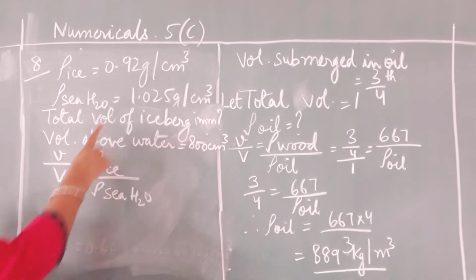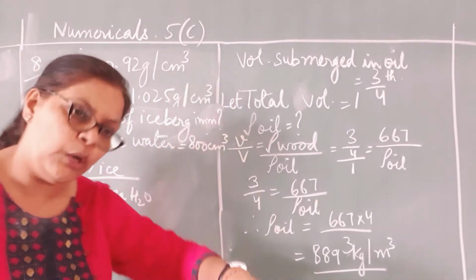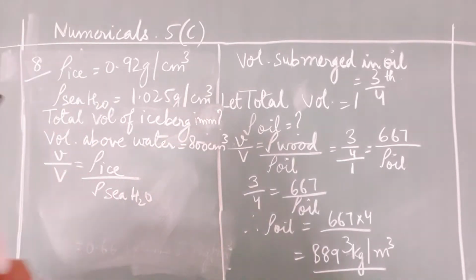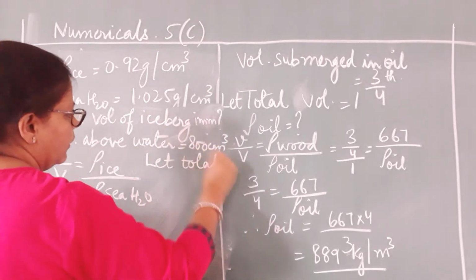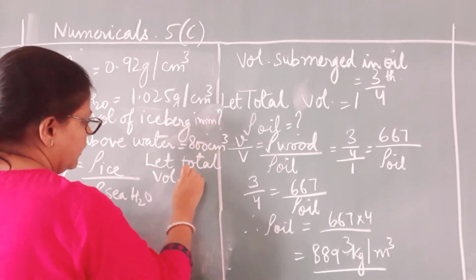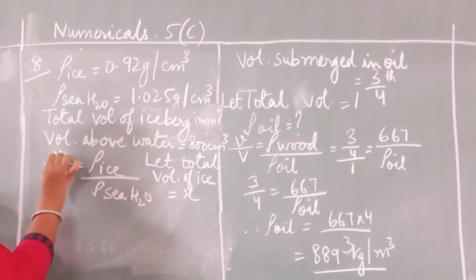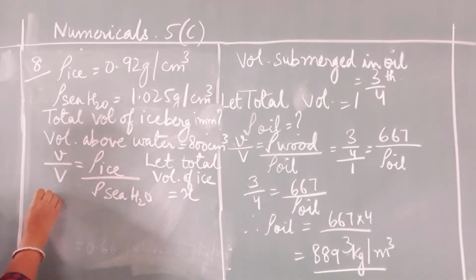So we only know the volume which is above, and we have to find out the volume which is below. And let us suppose the total volume is say x. So we say let the total volume of ice be x. So volume immersed will be x minus 800 upon x.